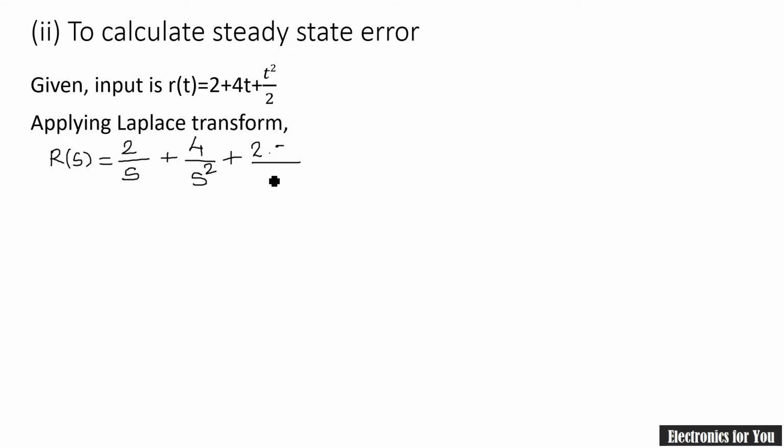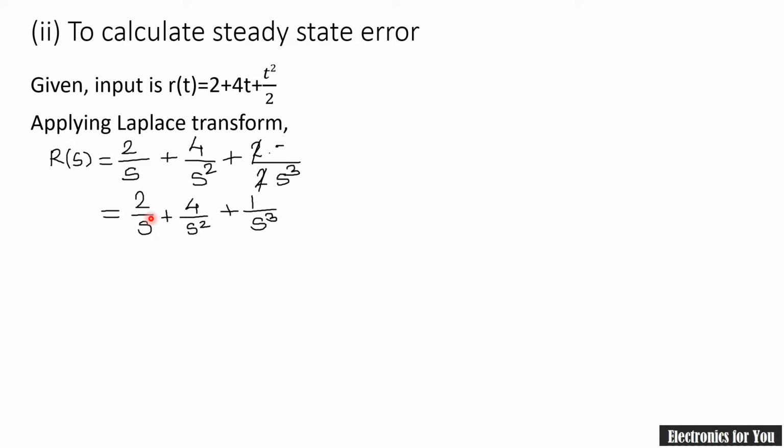So 2 upon s cube we can write here, and already 2 is there in the denominator, so this 2 and this 2 get cancelled, and therefore we get R(s) equals 2 by s plus 4 by s square plus 1 upon s cube. Now look at this equation. This is a very special equation.